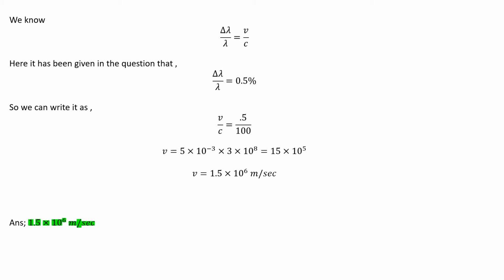So we can equate this value with V by C, that is V by C is equal to 0.5 by 100, so V equals 0.5 by 100 into C, that is 5 into 10 to the power minus 3 into 3 into 10 to the power 8, that is equal to 15 into 10 to the power 5. So the answer will be 1.5 into 10 to the power 6 meter per second.